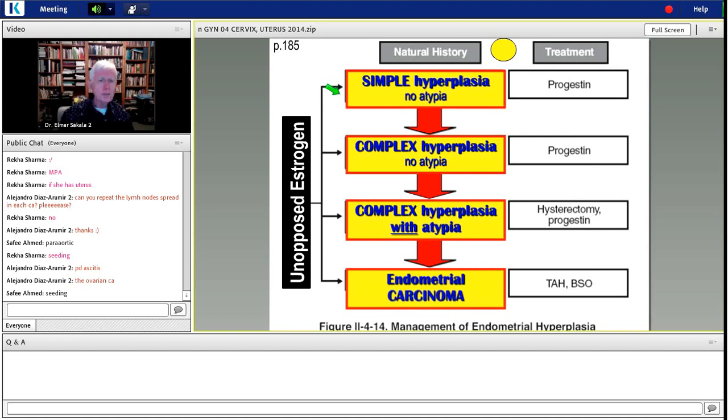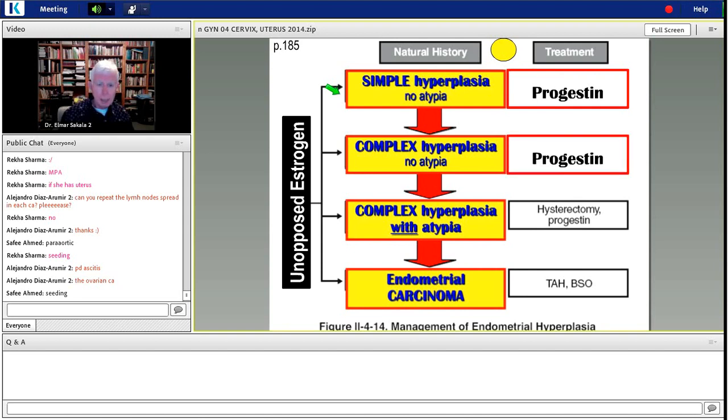The treatment for simple hyperplasia, no atypia, is progestin, MPA. You could use levonorgestrel as well. Complex hyperplasia, no atypia, again, medical treatment, progestin. Repeat the biopsy in 3 to 6 months, make sure it's gone away. Complex hyperplasia with atypia is pre-malignant. If possible, I would like to do a hysterectomy. This can be a vaginal hysterectomy.